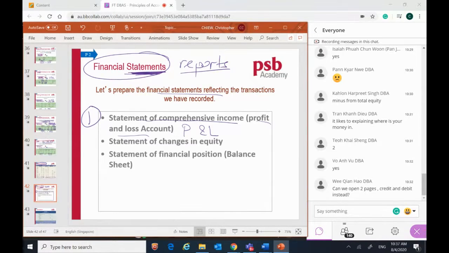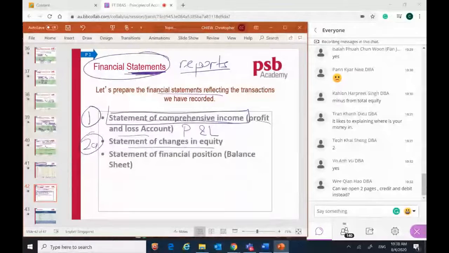But the new name that we are learning now is called the Statement of Comprehensive Income, or the income statement for short. Now number 2, I'm going to call this 2A, is a statement of changes in equity. This statement or this report will show you how your owner's equity changes over time.